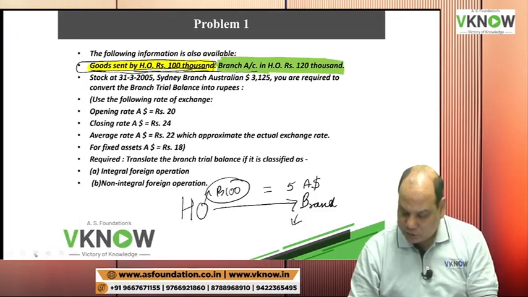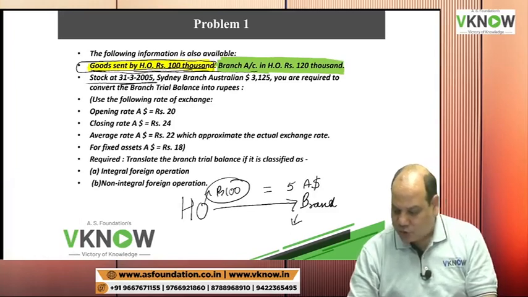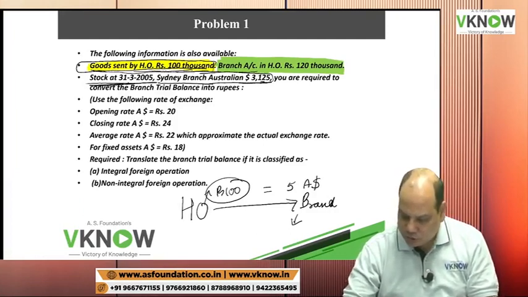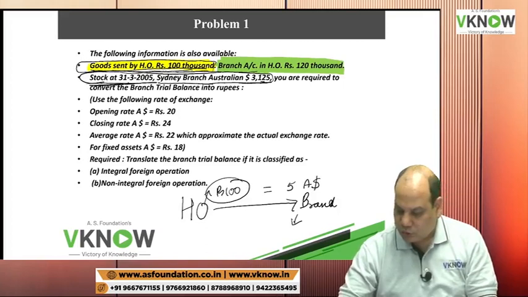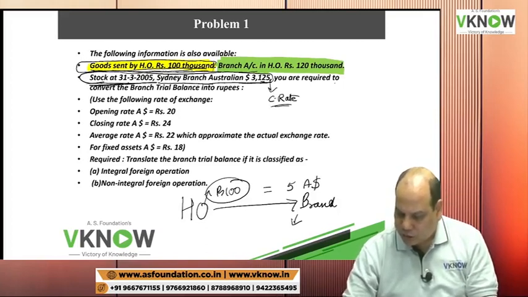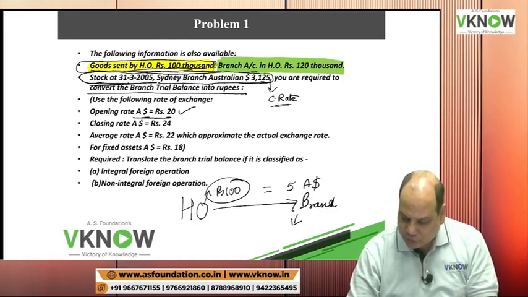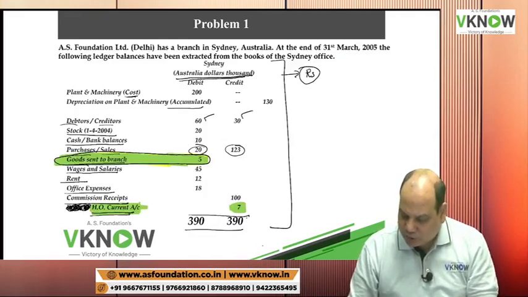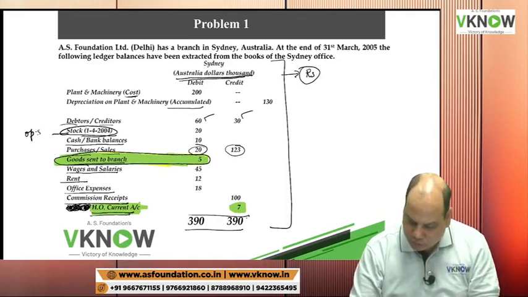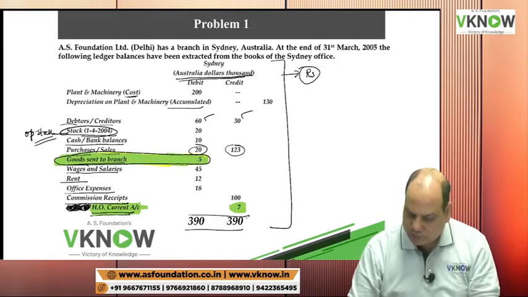Now the question says closing stock on 31st March at the Sydney branch is Australian dollar 3125. This is closing stock, not a problem. Closing stock at closing rate. You are required to convert the trial balance into rupees. Use the following rates. Opening rate: I will use it for only one item, the opening stock.